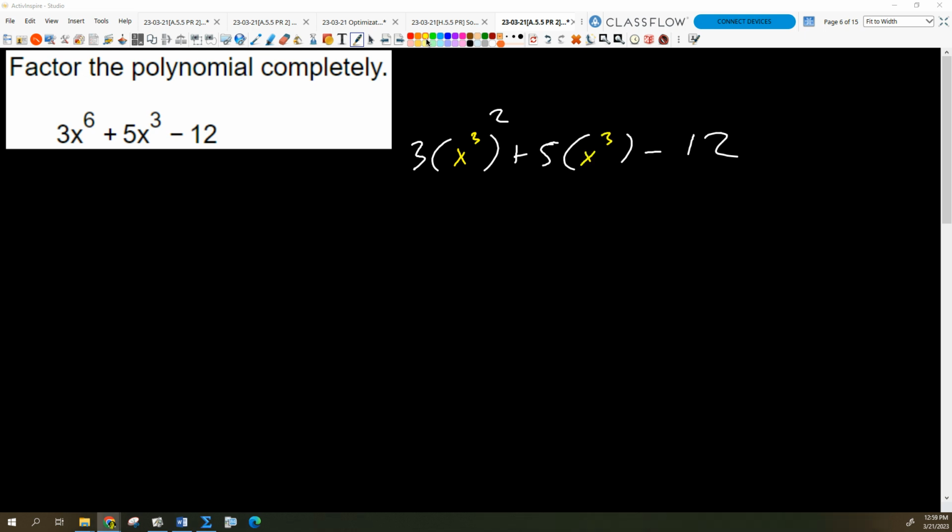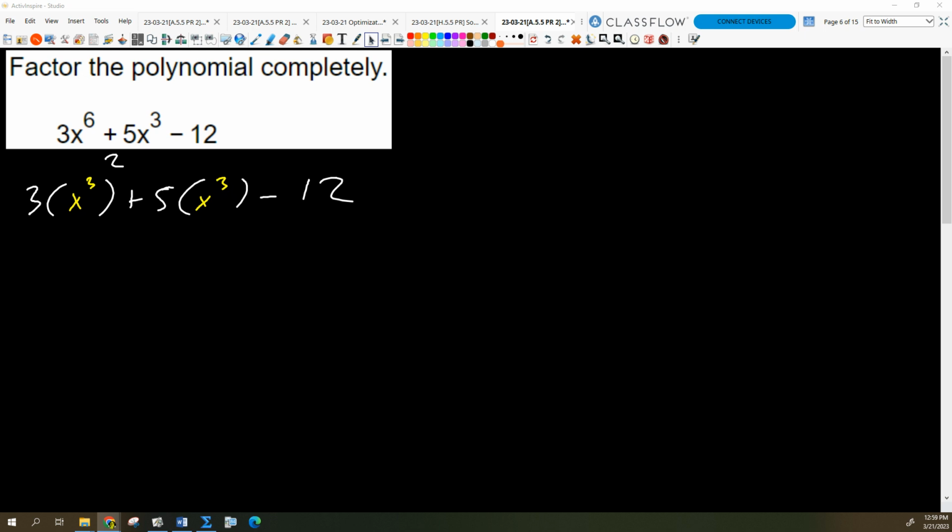Okay, good. So now what? What do we do? Oh, okay, yeah. Now this looks like we're factoring a quadratic trinomial where A is not equal to 1. So we've got to use slip and slide, right? Let me move this stuff. I'm going to move this stuff over here.